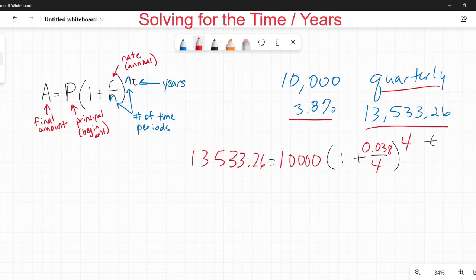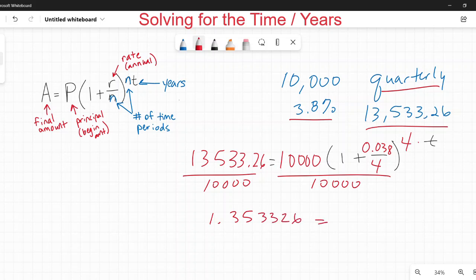$13,533.26. I'm going to start very similarly to the last one in that I'm going to divide both sides by 10,000 just to get rid of that. So on the left side, I then have 1.353326 equals 1 plus 0.038 over 4 to the power of 4t. I'm going to simplify this right here.